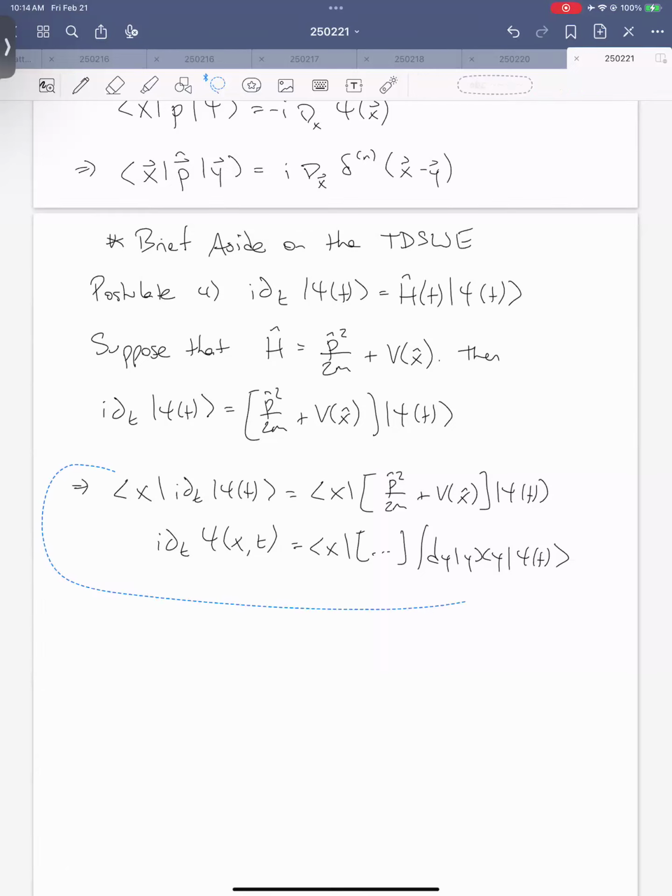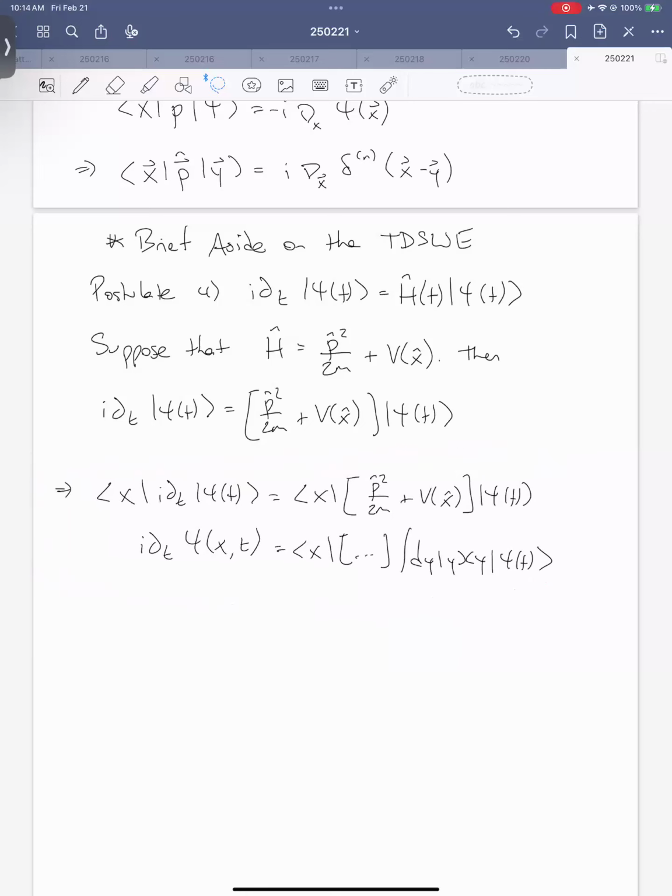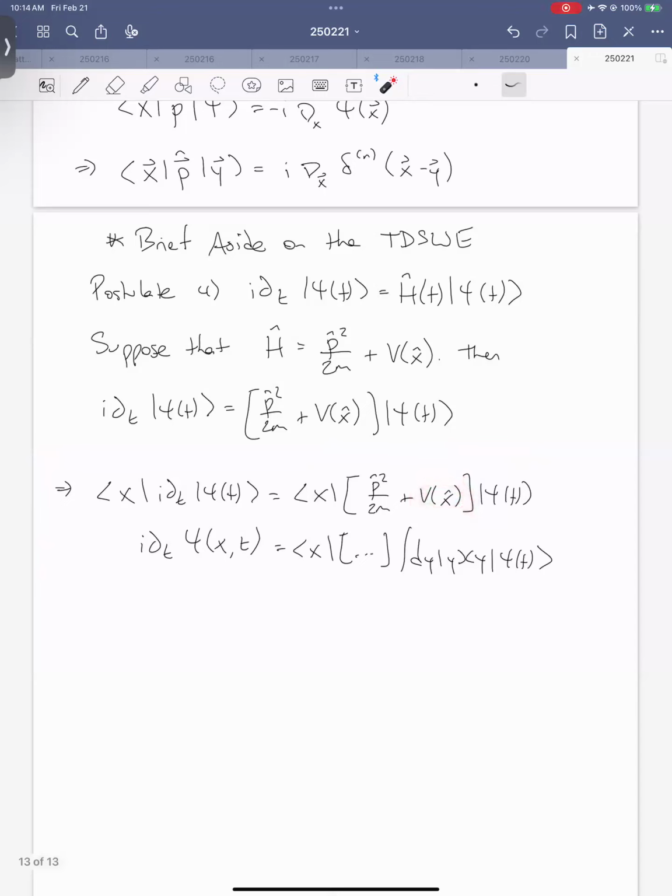For V as a function of the position operator acting on y, we're in a basis where the operator is diagonal, and so I can simply replace V of the operator with V of the eigenvalue. Then the p hat squared is going to be a little bit trickier.